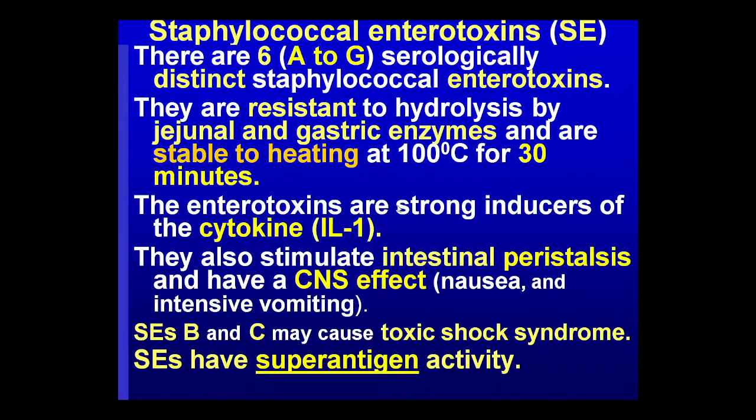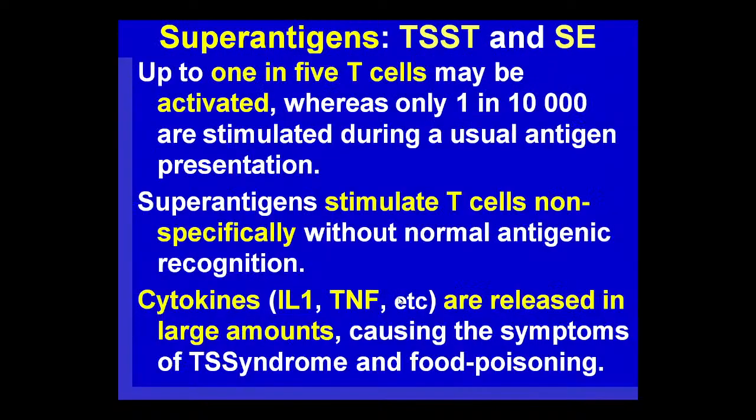For example, macrophages will produce interleukin 1 and tumor necrosis factor that may lead to a very strong inflammatory response. But superantigens may lead to the activation of not just one in 10,000 T cells, as happens in specific activation, but 1 out of 5 T cells will be activated by superantigens.